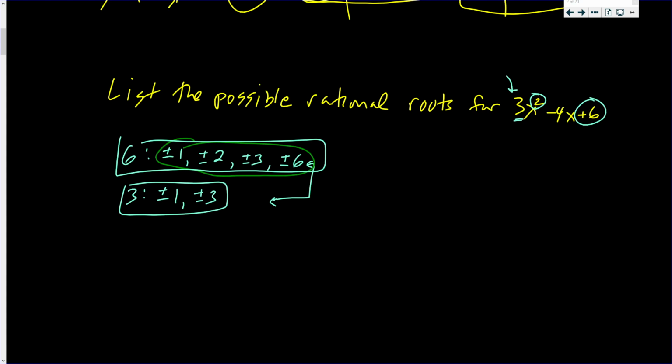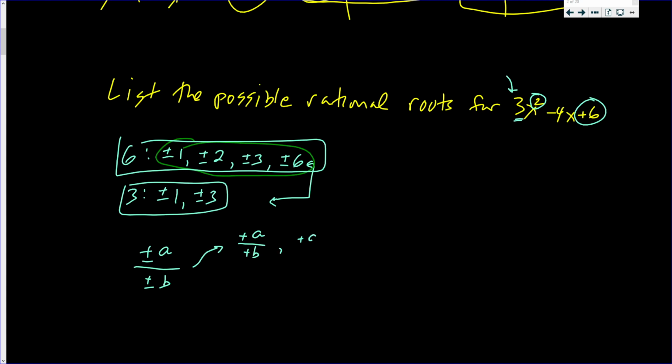Now, let's just get through with this right away. If you have plus minus a and you divide it by plus minus b, there's a number of possible fractions we get. You can have positive a divided by b.